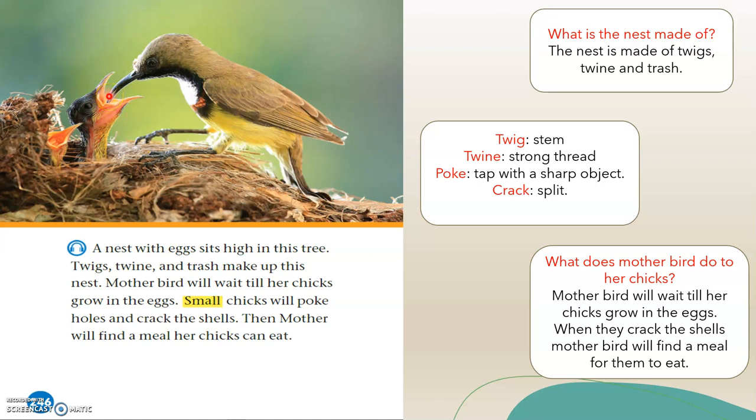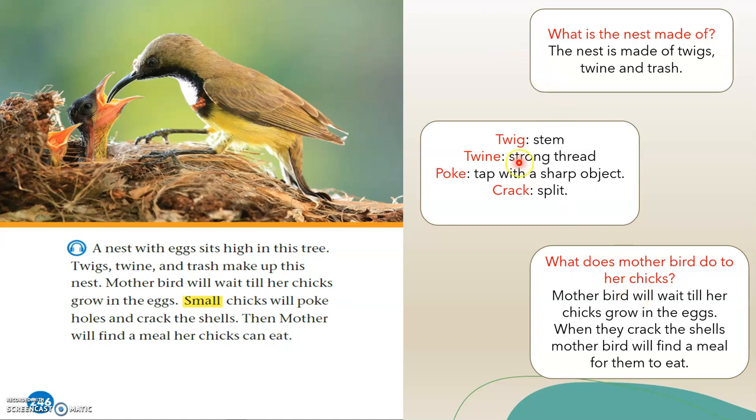They will make a hole in the egg and they will crack, they will split the shell and they will come out. Then mother bird will find a meal her chicks can eat. Now she will start searching for food for her chicks to eat.